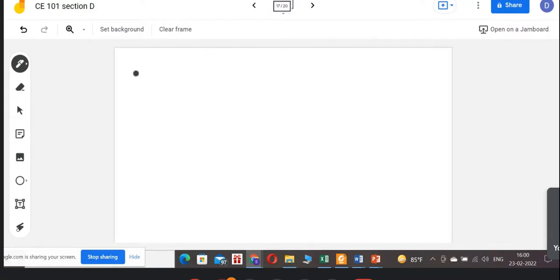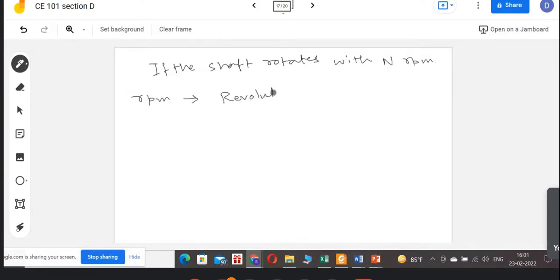And this rotating shaft also transmits some power in that case. So if the shaft rotates with n RPM, what is RPM? RPM is revolution per minute.